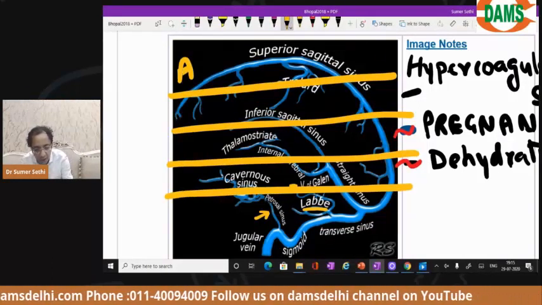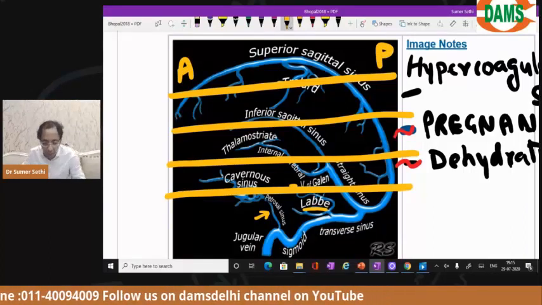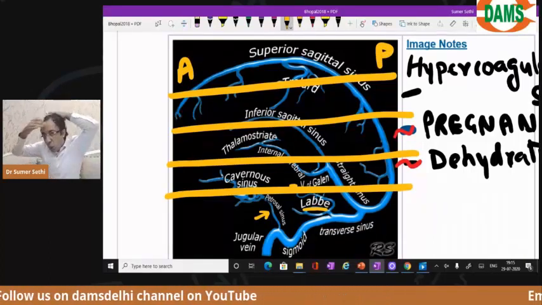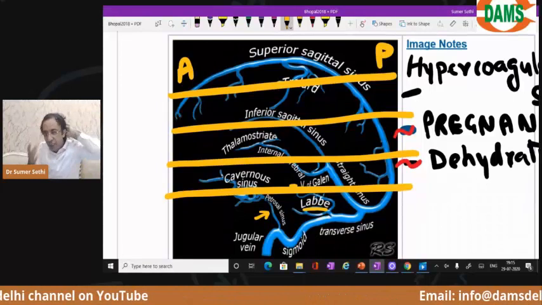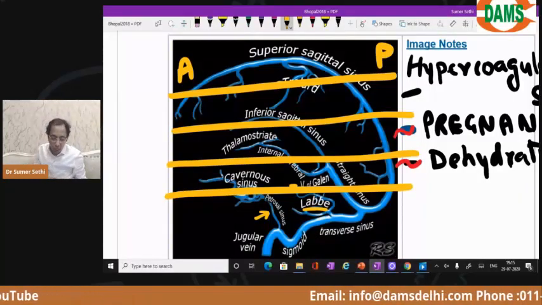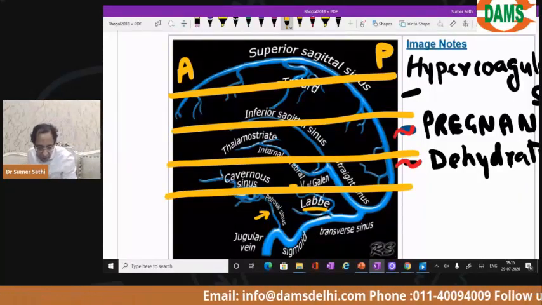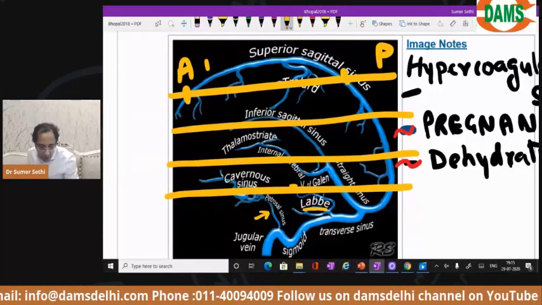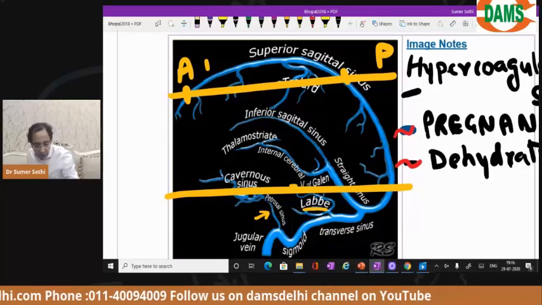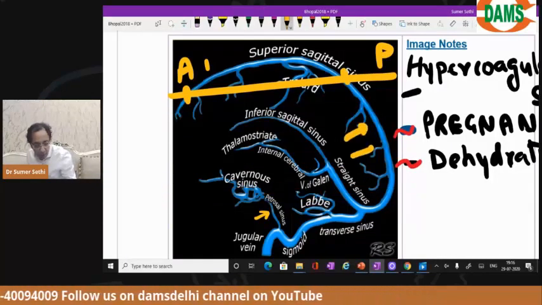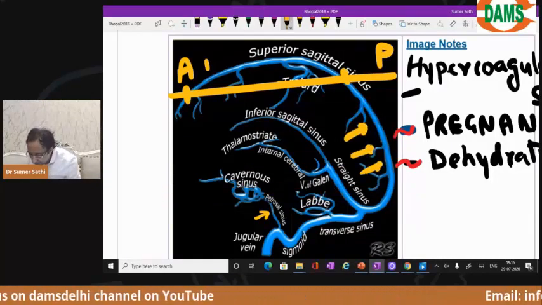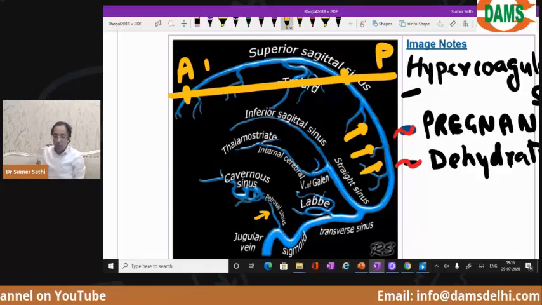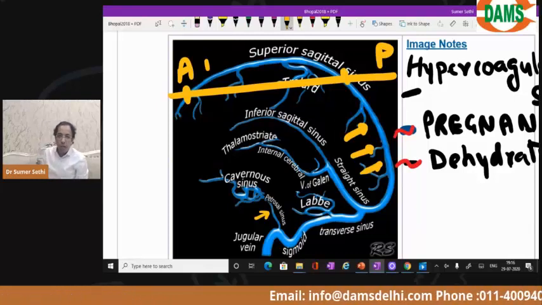This is anterior, this is posterior. The superior sagittal sinus is longer posteriorly, shorter anteriorly. So in the first section, the superior sagittal sinus will be seen anteriorly and posteriorly, but in the other sections, it will only be seen in the midline posteriorly.